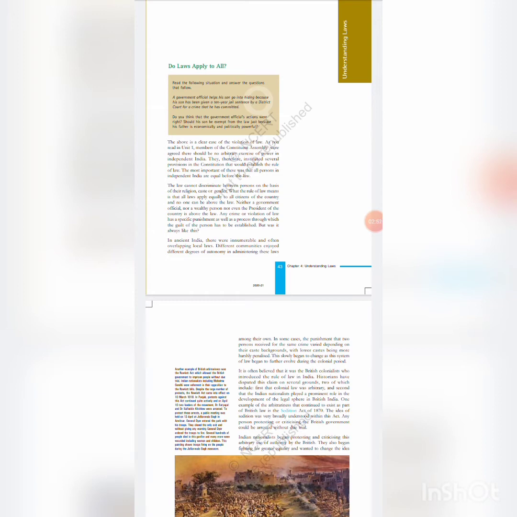Members of the Constituent Assembly agreed there should be no arbitrary exercise of power in independent India. To establish the rule of law, they instituted several provisions in the Constitution.